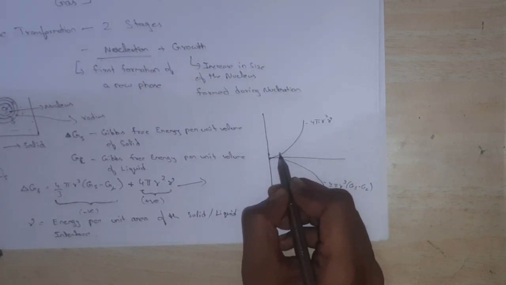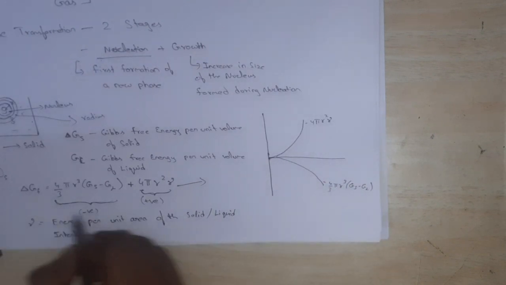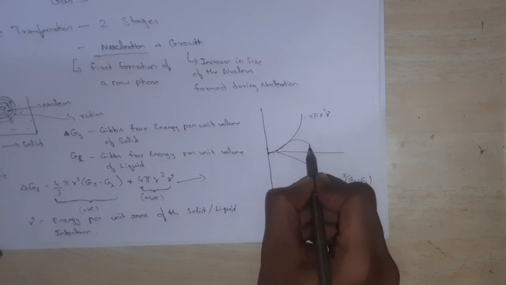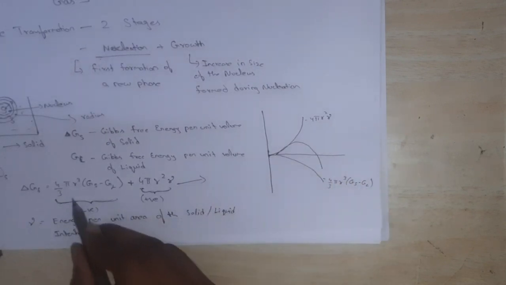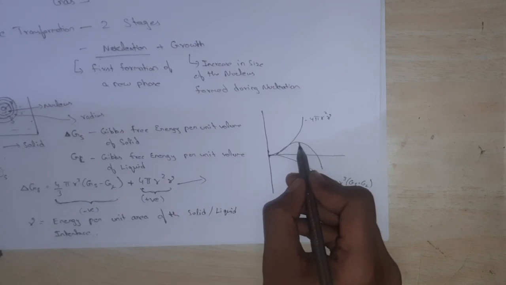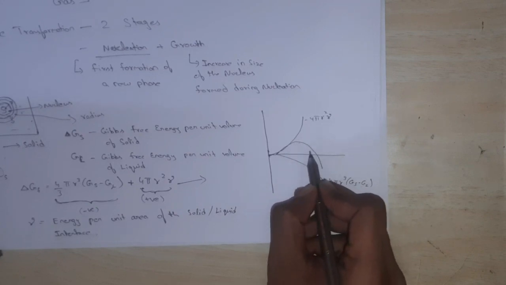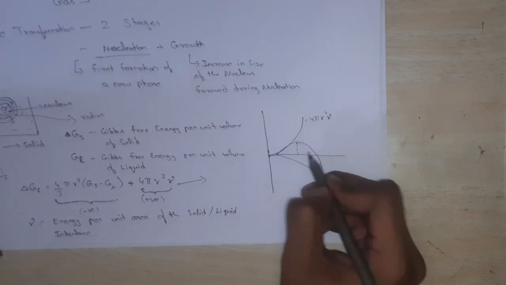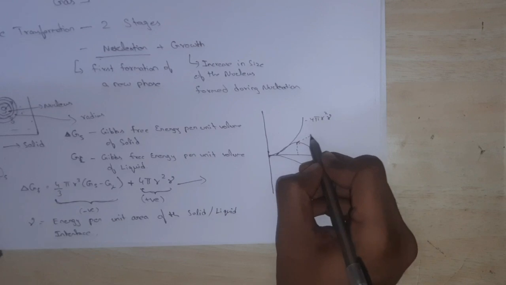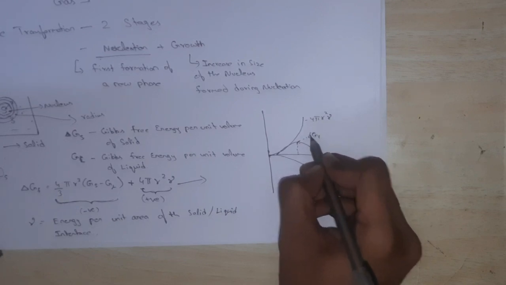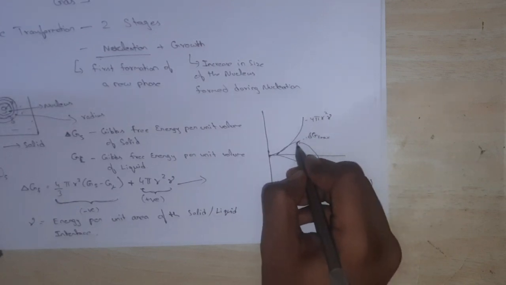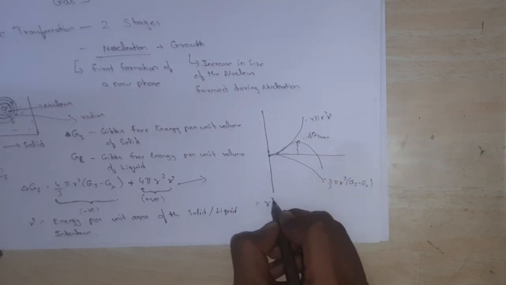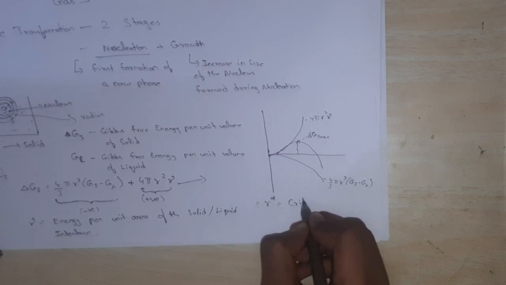So if we represent the whole equation delta Gf in a graph, it will look like this. At smaller radius, this will be positive, and later on, by increasing the radius, delta Gf will be negative. So at one point, delta Gf will be maximum, and the radius at the delta Gf maximum is known as r star, the critical radius.